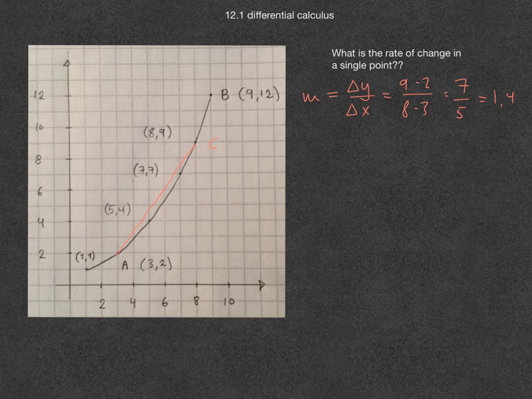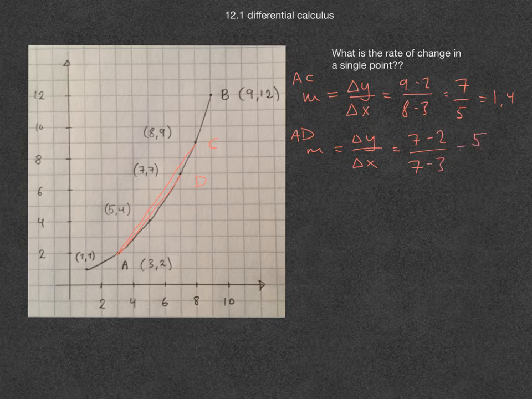We could also imagine a chord going from D to A, with the gradient, again, delta y divided by delta x equals 7 minus 2 divided by 7 minus 3.